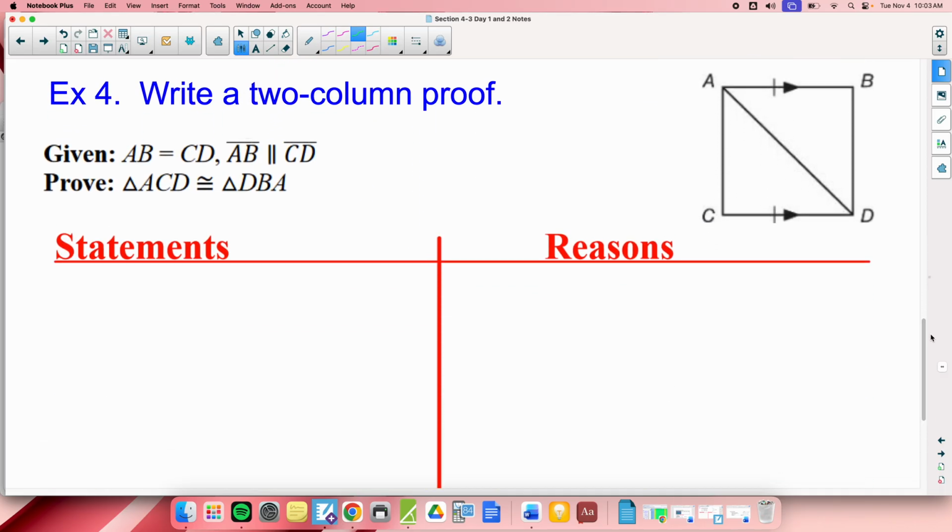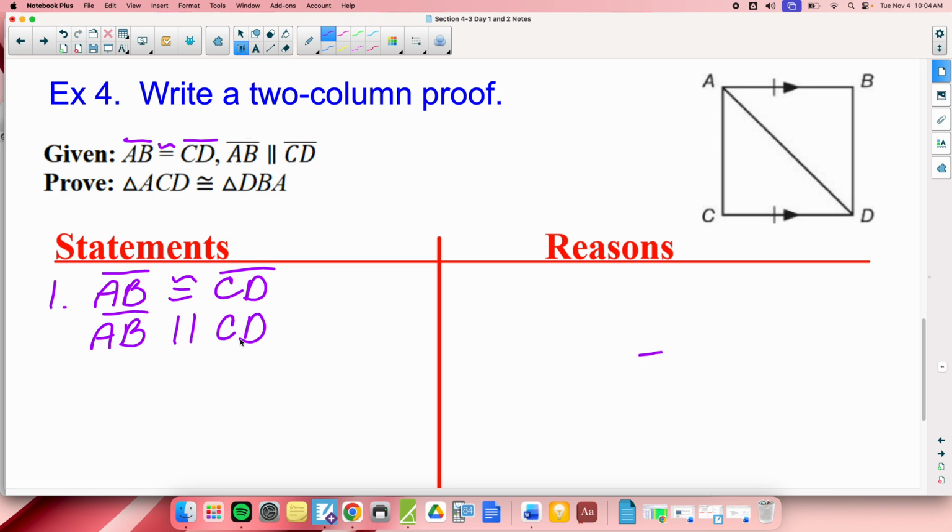We're gonna write down one thing. This should have bars and a squiggly, so let's just add that. So we're gonna do segment AB is congruent to segment CD, and then AB is parallel to CD. So we have those two givens.